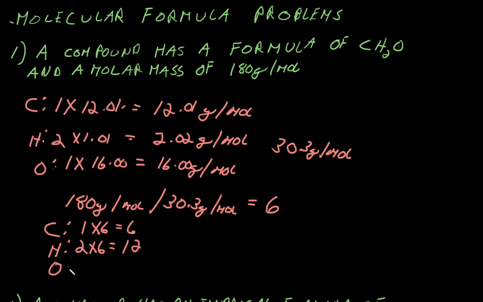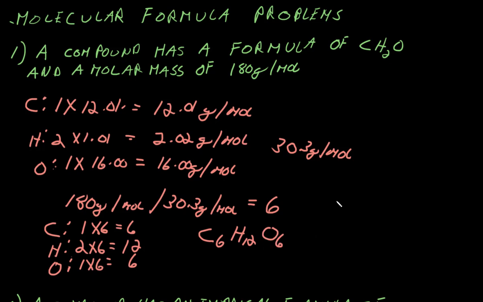Oxygen will be 1 times 6, which is 6. So for this particular compound, we got 6 carbons, 12 hydrogens, and 6 oxygens. So there's our molecular formula right here.